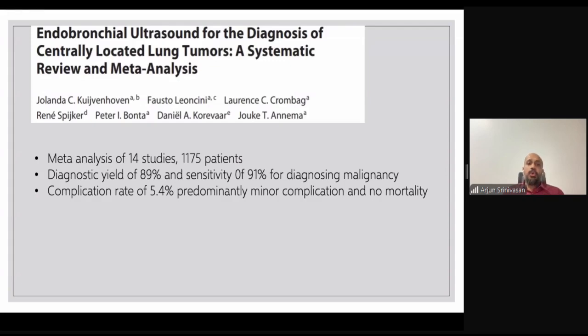But when you are able to reach it with the convex probe and sample it in real time, and especially in the current scenario where in addition to doing a TBNA, you're also able to do a biopsy, which might be a forceps biopsy or a cryobiopsy of these lesions, then the diagnostic yield is close to 90%, which is what a CT guided biopsy will get you.